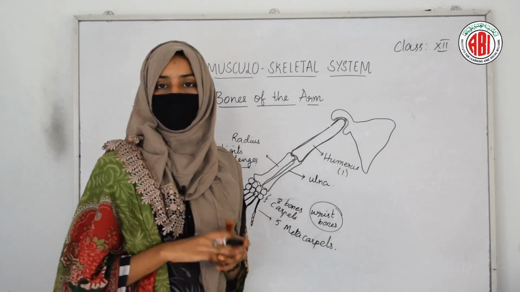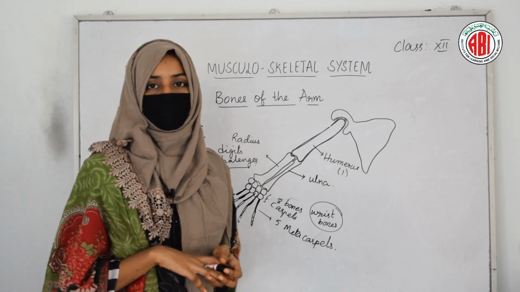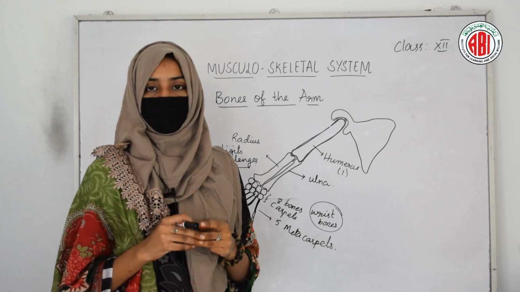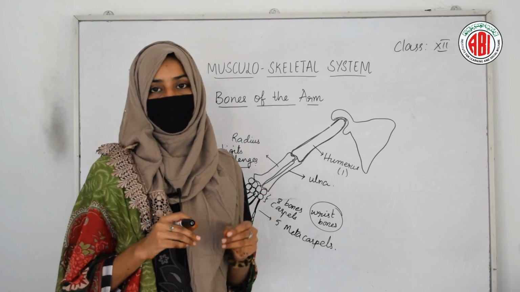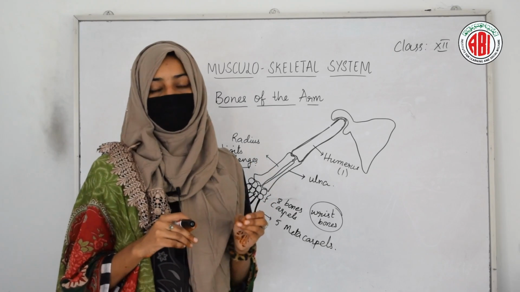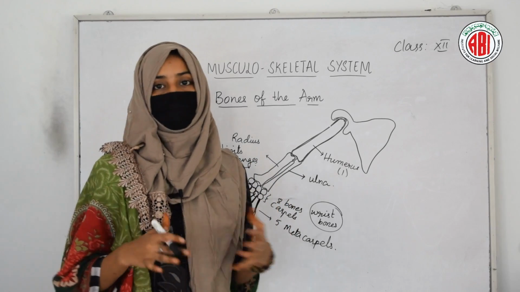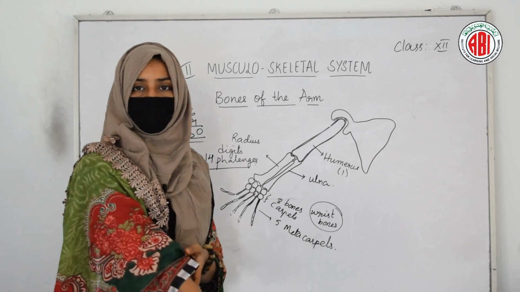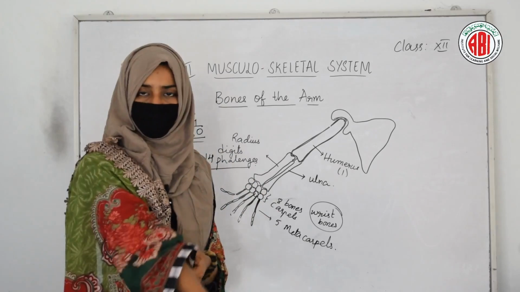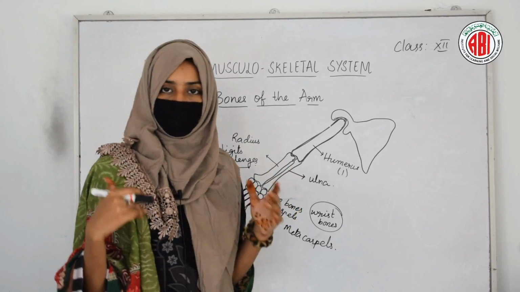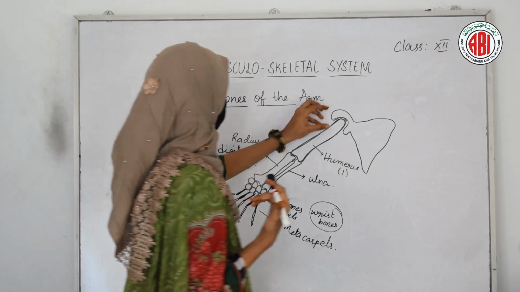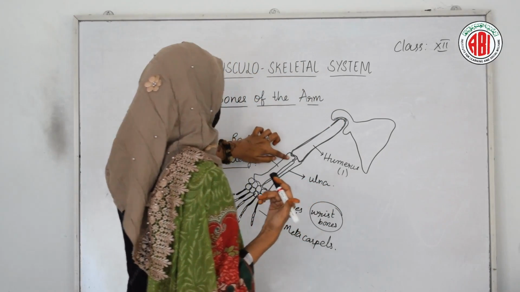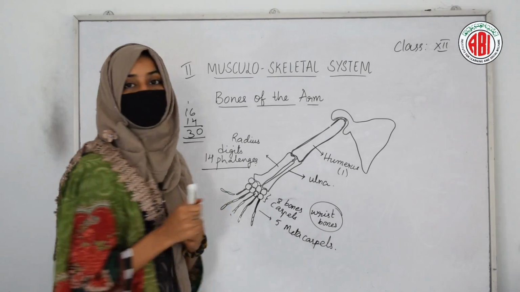Okay, we have already learned about the joints in our previous classes. We have seen three main types of joints. One is fibrous, the other one is cartilaginous, and the third one is synovial. And we have read that synovial joints are the joints that allow the free movement of our body parts. So we can move our hand freely at the elbow. We can move our shoulder freely. So the joints present at the shoulder and at the elbow are synovial joints.